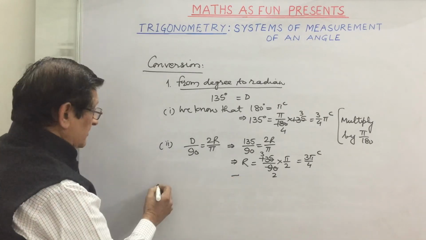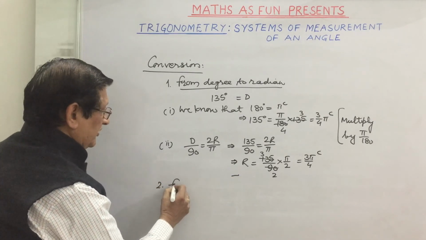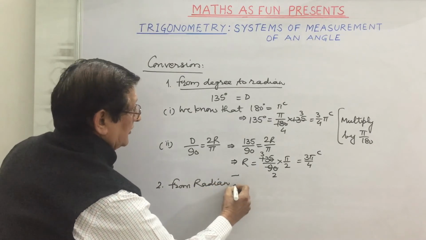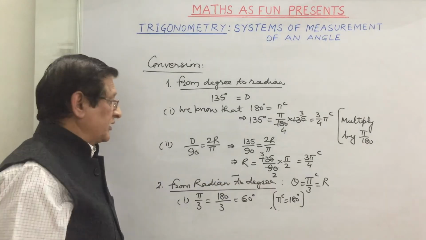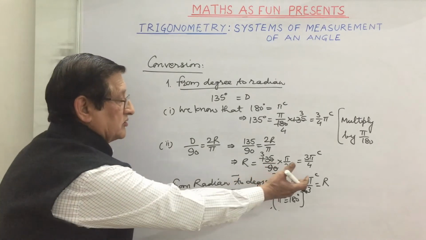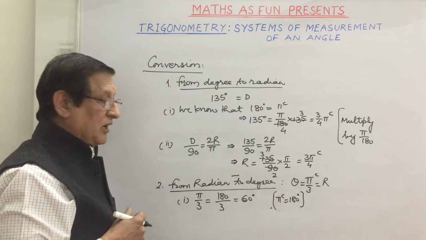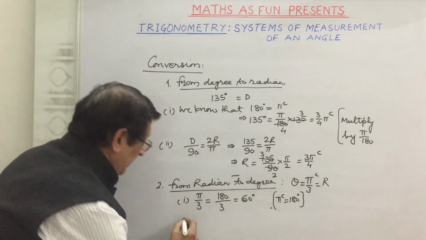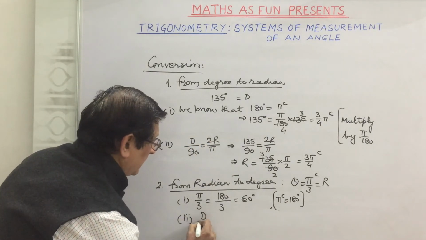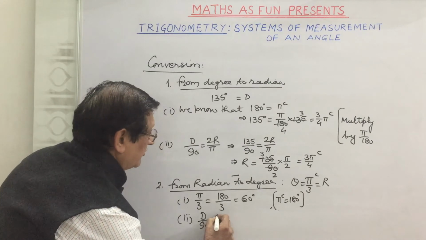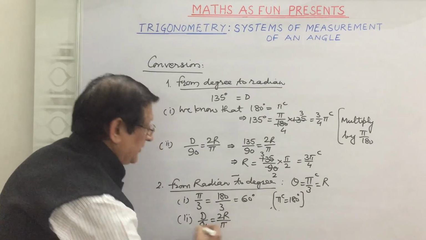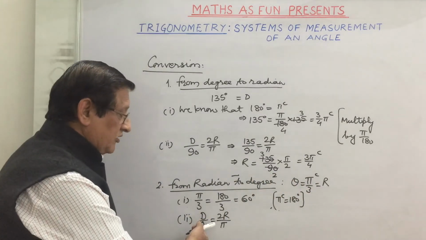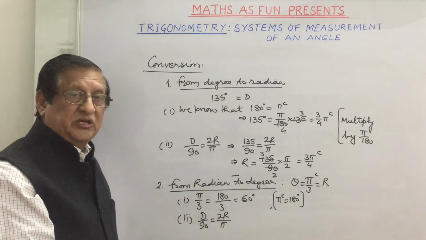Now the second case: suppose we convert from radian to degree. The method by which we can convert this angle into degrees is this formula. If we apply it, we can write d upon 90 equal to 2r upon pi. This is r, so we can substitute the value of r here to find the value of degree d.